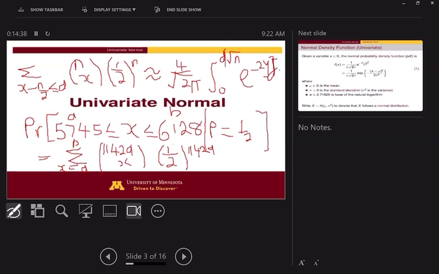So which means he was able to approximate a large sample size problem.